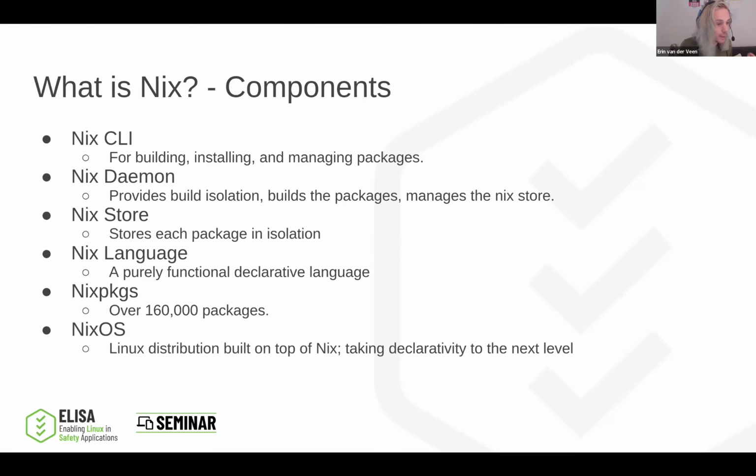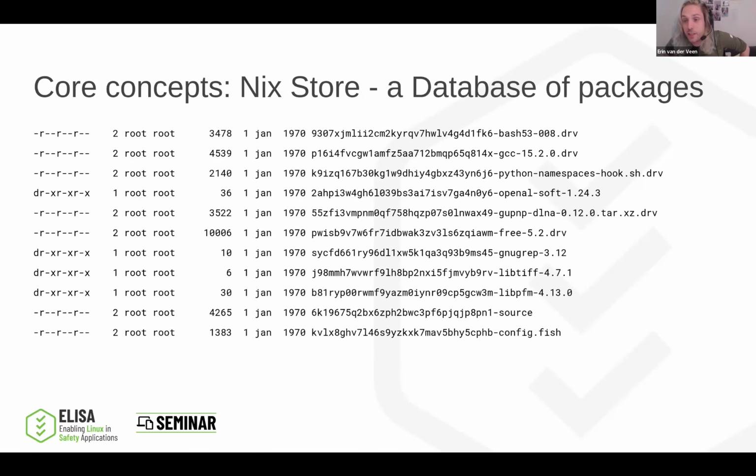Okay, cool. Then we're going to talk about key concepts. The first one is the Nix store I mentioned earlier. What you see here on the slide is an actual snapshot of my Nix store as it was this morning. As a recap, whenever you build a package or add a package to your environment, it ends up in the Nix store through the Nix daemon.